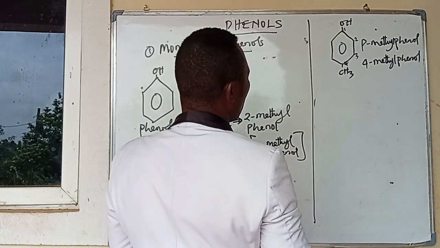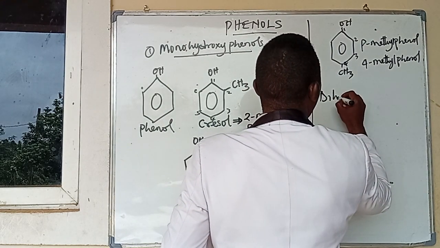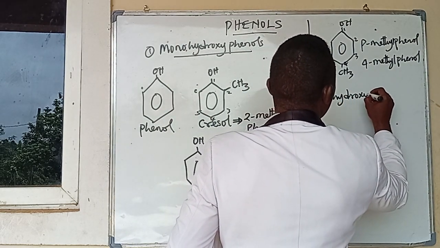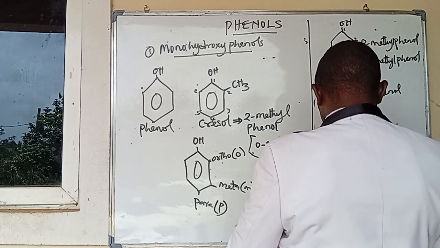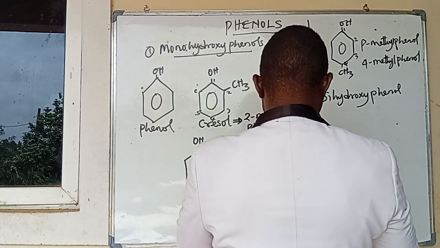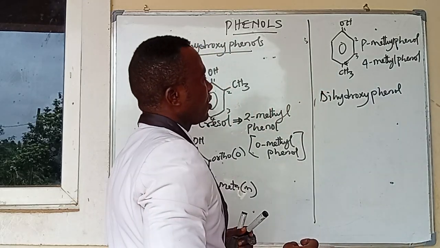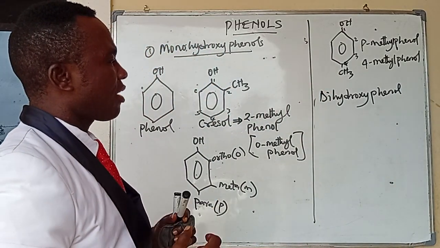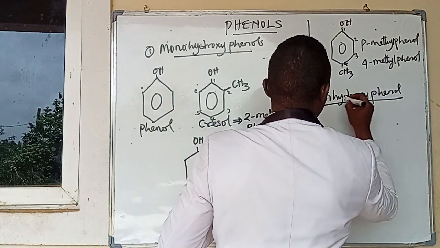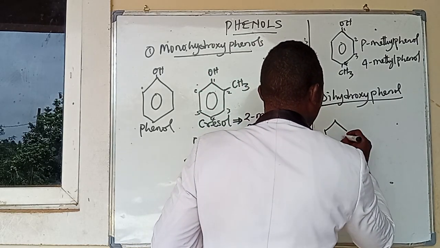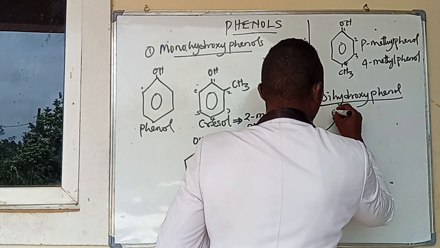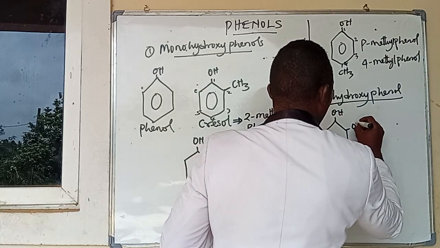Now let us go to dihydroxy phenol. Dihydroxy phenols have two OH groups. That is another form of phenol. Let us look at this. This is OH and this is OH.